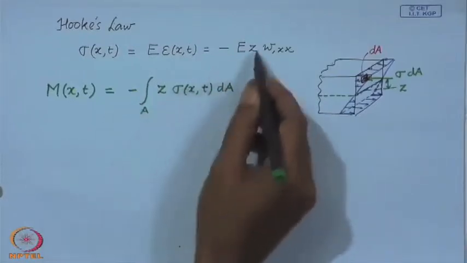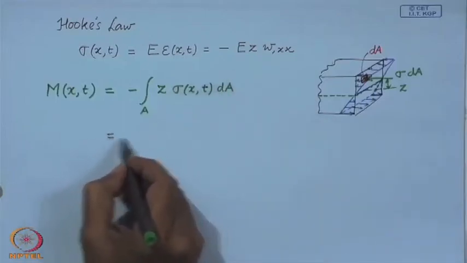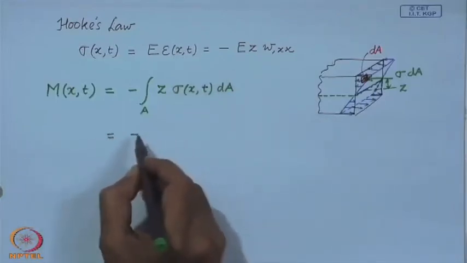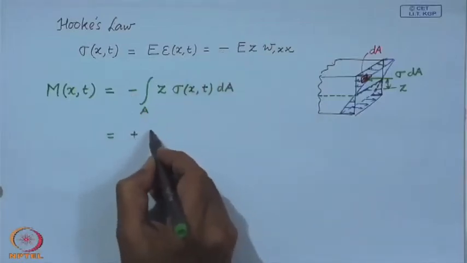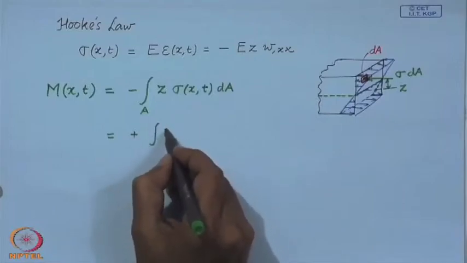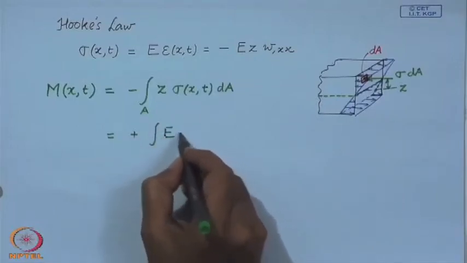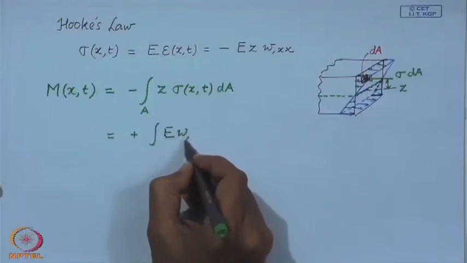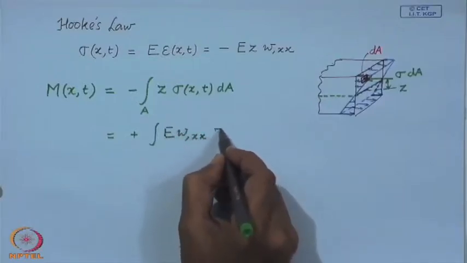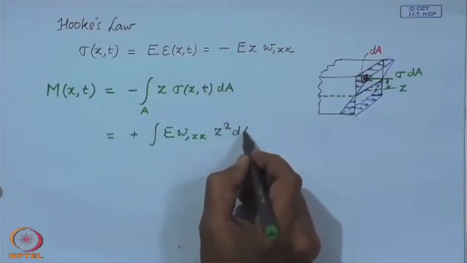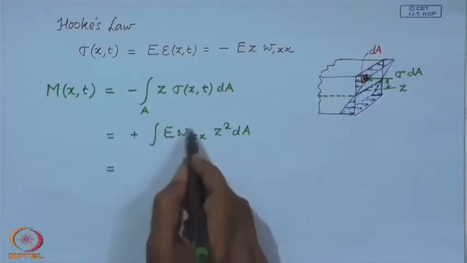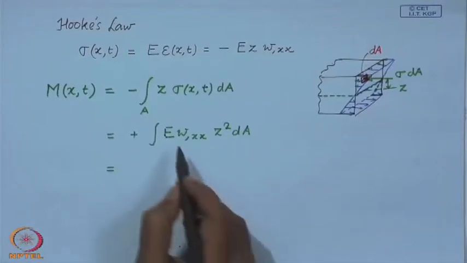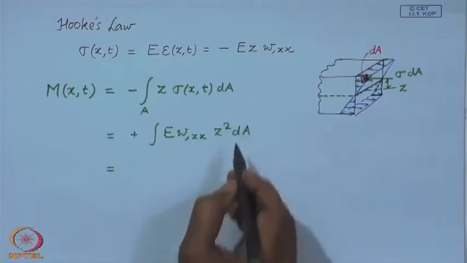So, if you now substitute these expressions, so this negative and this negative turns out to be positive. Now, Young's modulus and the curvature, the approximate curvature, does not depend on this area integral.